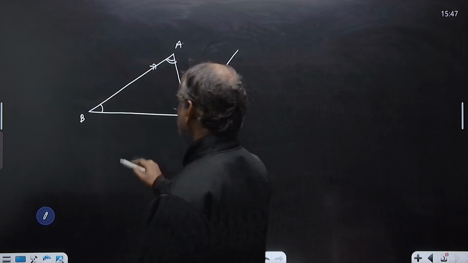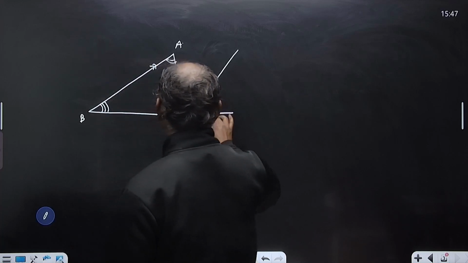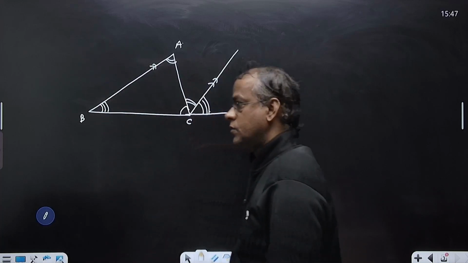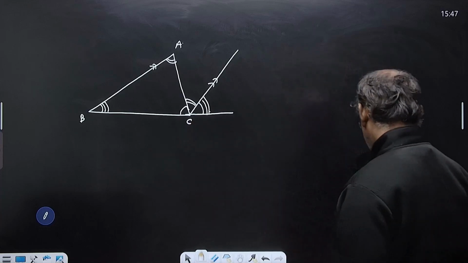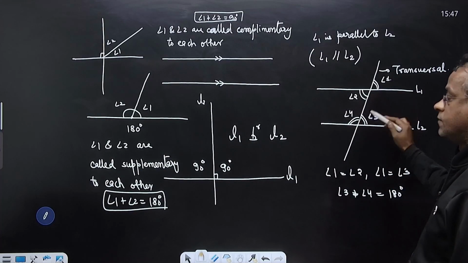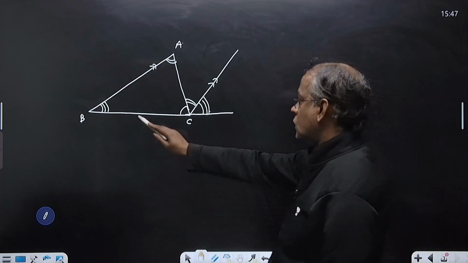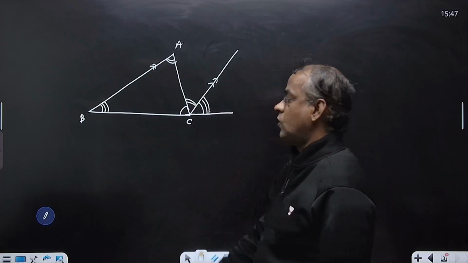Now this angle is equal to this angle, again because these two are parallel, and we just said that these two angles are going to be equal.